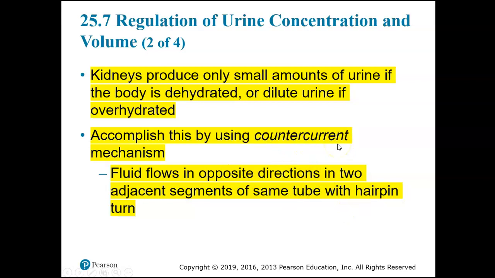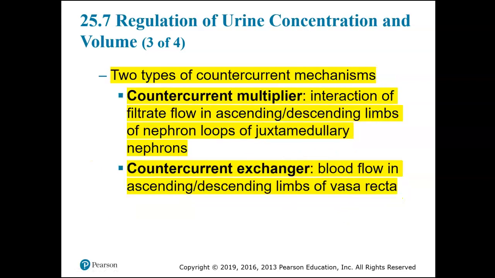It's called countercurrent, and there are two terms that you need to know that have countercurrent in them: countercurrent multiplier and countercurrent exchanger. Countercurrent multiplier refers to the interaction of the filtrate flow in the ascending and descending limbs of the nephron loops.